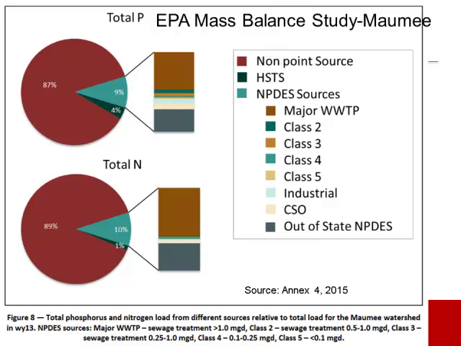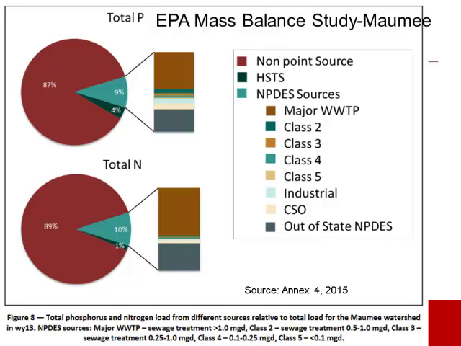Here, a little easier to see, the non-point source is the red. On the top, we have the total phosphorus, and on the bottom is the total nitrogen. It's broken down beyond non-point source to home sewer treatment systems, which is what HSTS represents in the darker blue, and then the permitted facilities in the lighter blue.